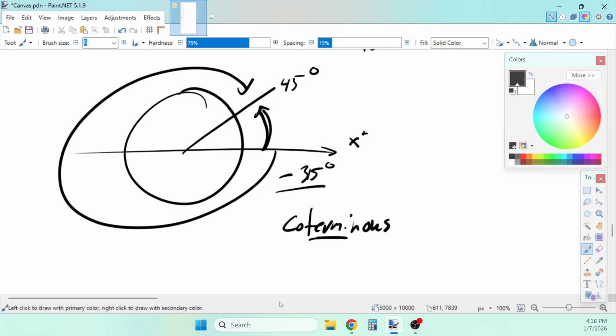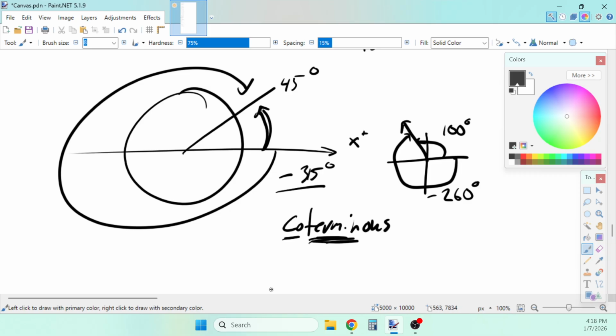The terminus means the end, and co means same. So if I turn 100 degrees to my left, or if I turn negative 100 degrees, let's say 260 degrees, if I turn left 260 degrees, I end up facing the same way.